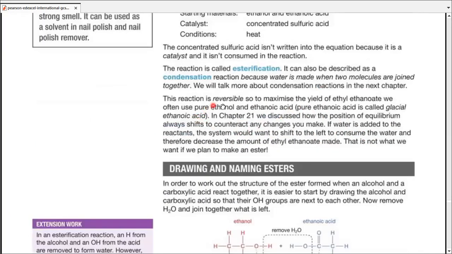Talking about the reaction, it is reversible. So to maximize the yield of ethyl ethanoate, the ester we just produced, we often use pure ethanol and ethanoic acid. Pure ethanoic acid has a different name, glacial ethanoic acid, because ethanoic acid has the capability to look like glaciers as soon as the temperature is lowered a little bit.